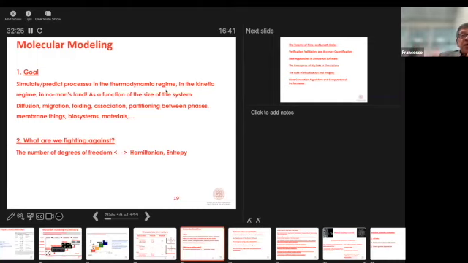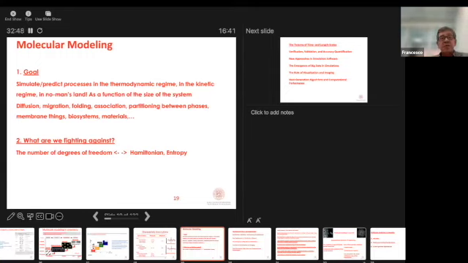And not only do we want to reproduce energies, but we would like to be able to predict diffusion, migration of particles, folding, association, partitioning of molecules between phases, the behavior of membranes, and so on and so forth.